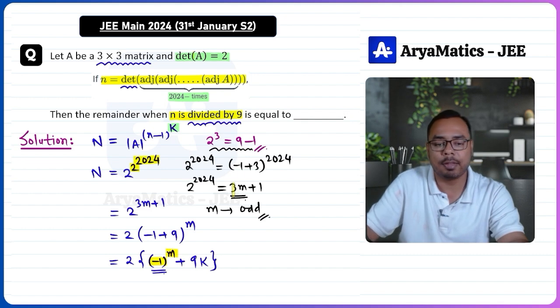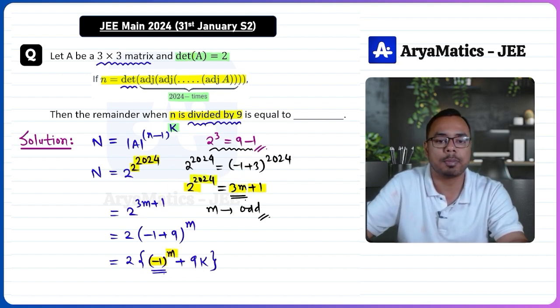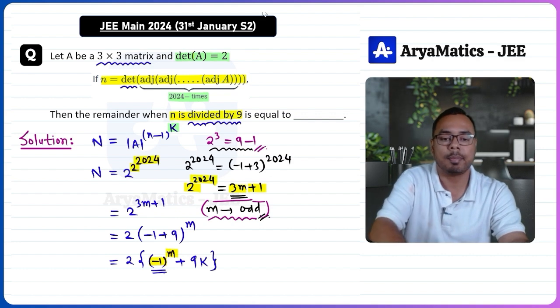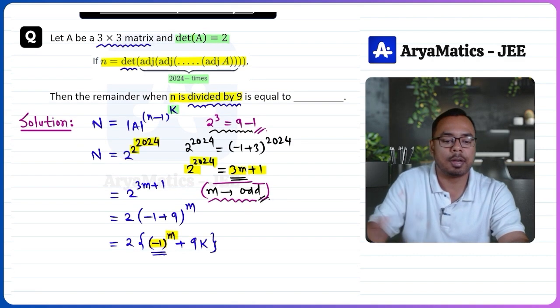Because if m is even, then 3 into m is even, even plus 1 will be odd, and the left hand side is even, so we cannot make the two sides equal. So from here you can very easily see that m must be an odd number, then only we can make the two sides equal.